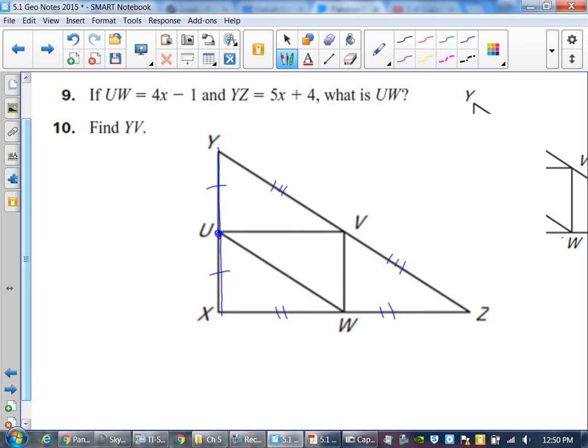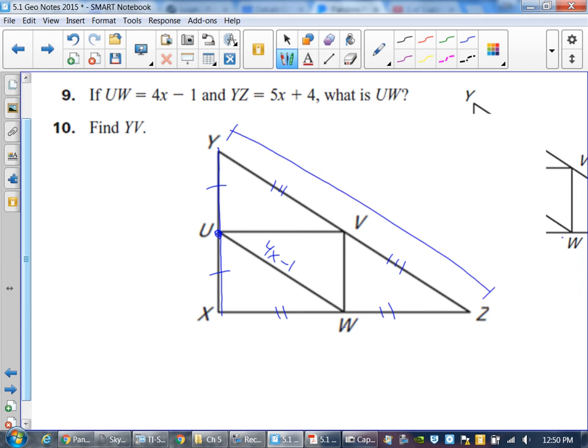Before I get into using all this algebra, let's just write it out first. We know that the segment UW is 4x minus 1. That one is the mid-segment. It's parallel to YZ, and it's equal to half of whatever YZ is. We okay with that? Because it doesn't touch YZ.